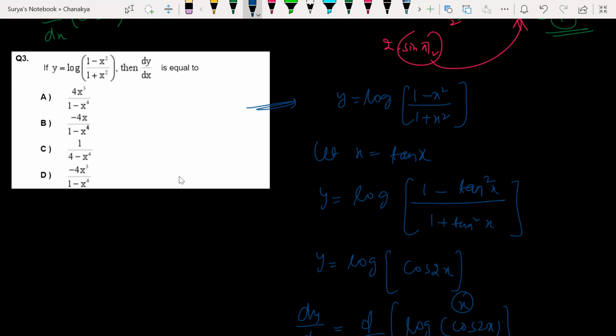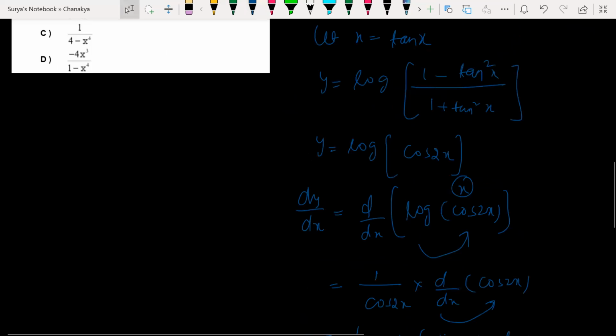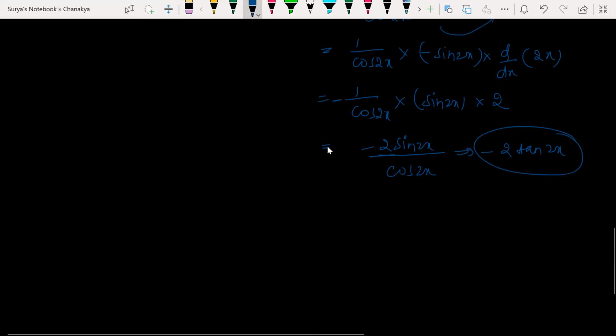Now this is my dy by dx. What is the x value here? 2 tan 2.